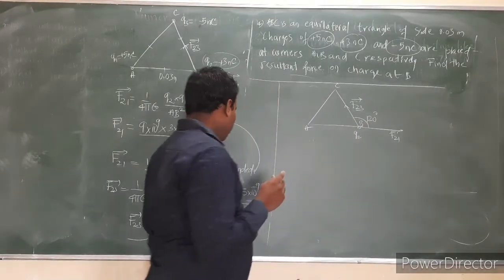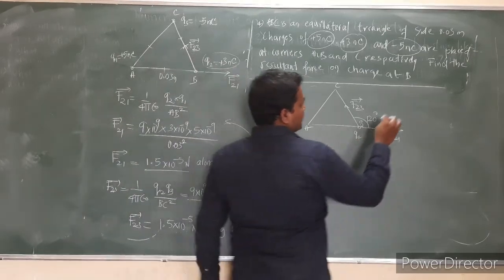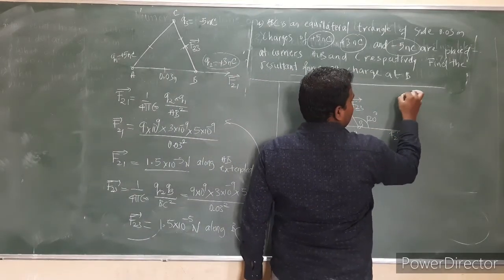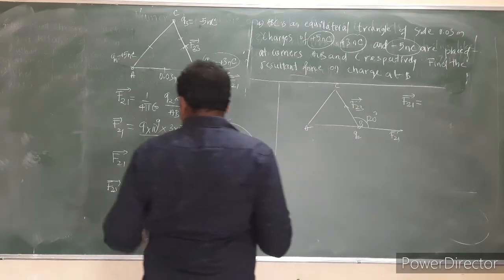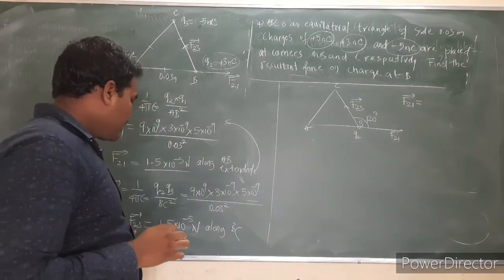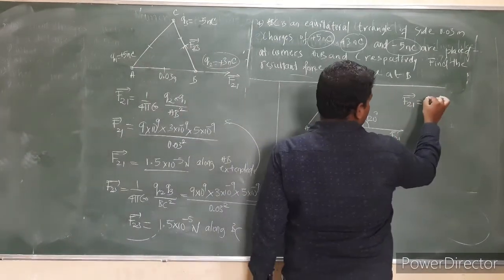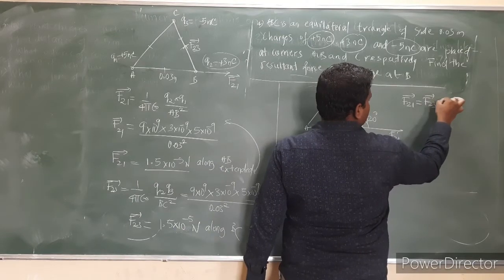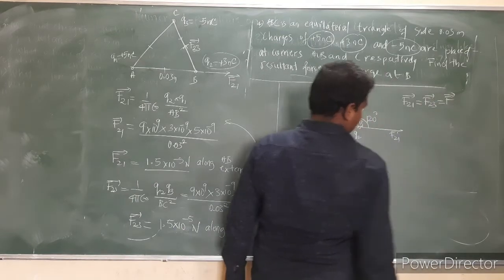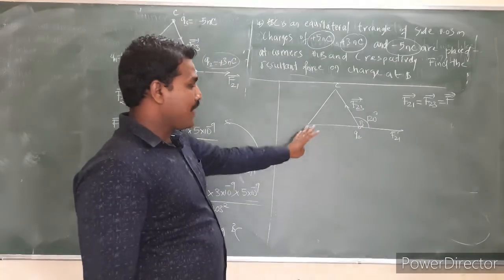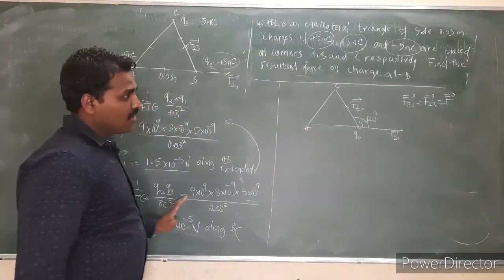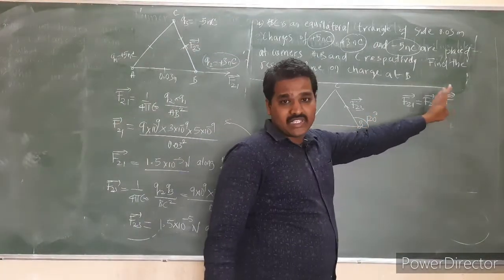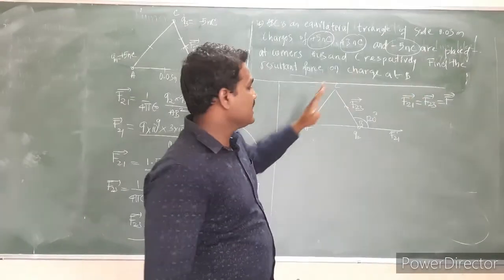You can clearly observe F21 is equal to F23, so simply better write it as F here. To avoid the substitution of the numerical value, I am writing both equal to F, which makes my work easy here.